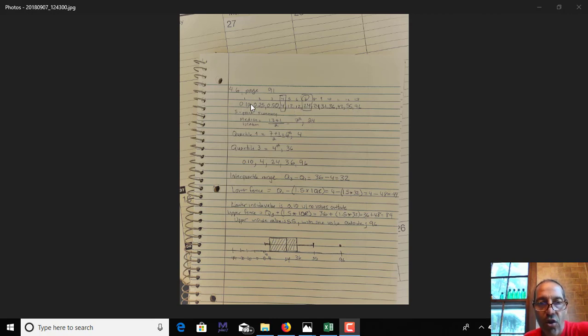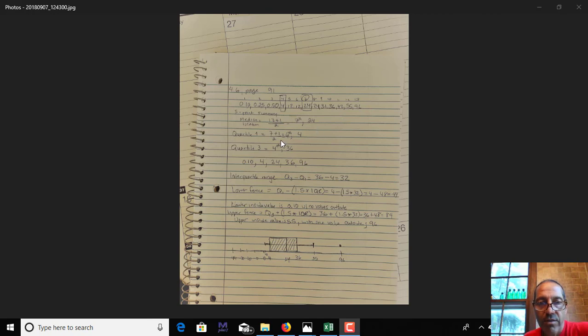So for the lower half, to calculate the first quartile, we're going to have 1, 2, 3, 4, 5, 6, plus 1 is 7 values. For the upper half, we also have 6 plus 1, which is 7 values, because we're including the median in both the lower half and the upper half.